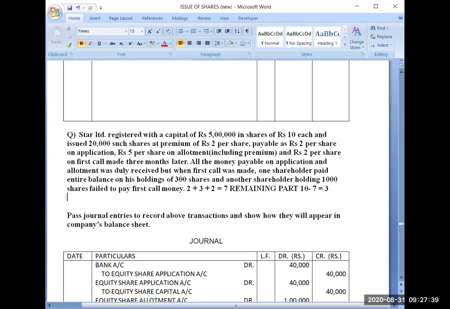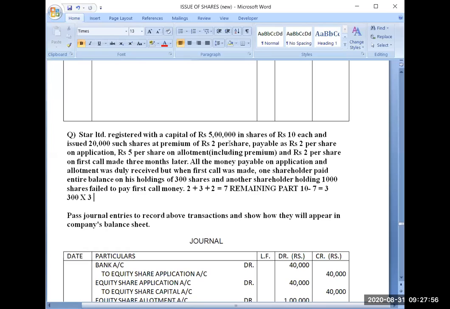On first call, they are paying you in advance 300 multiplied by 3. So that way you are correct. But sometimes students forget this stage, how to calculate this amount, rupees 3 per share.